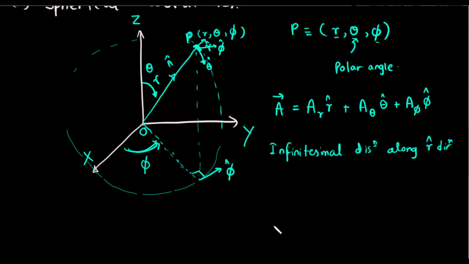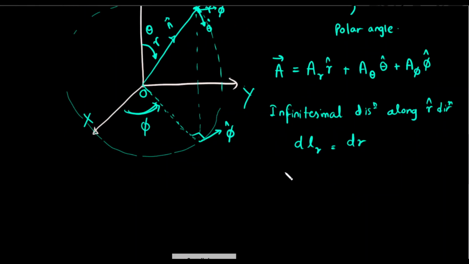When it comes to the infinitesimal displacement along the r hat direction, the change of r is going to be dr, because the infinitesimal amount of change in the r hat direction is dr. So it's defined as dl_r, and dl_r is equal to dr.